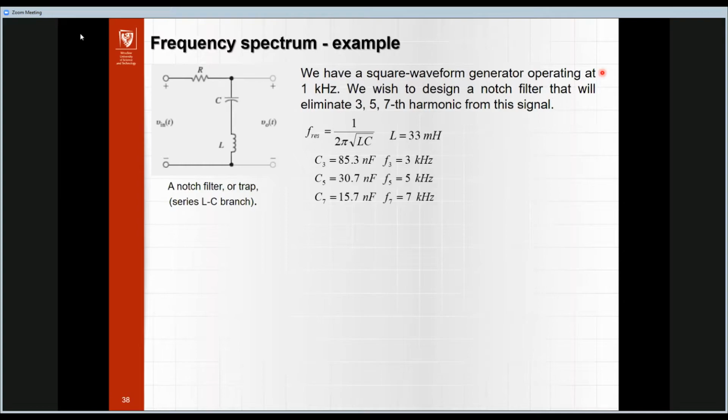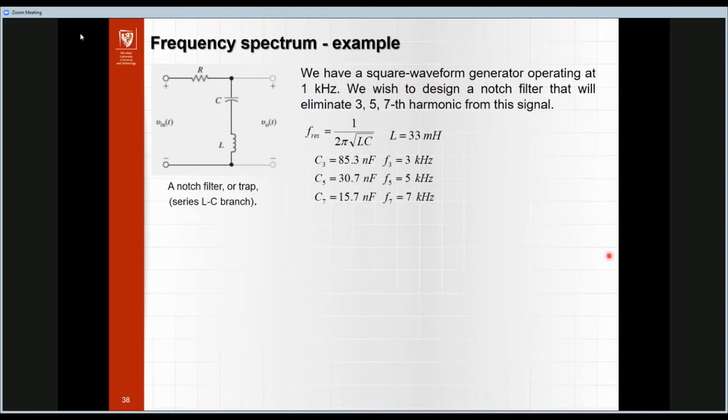The simplest filter is the notch filter. It is an LC resonant circuit, a series LC branch, because you know that at resonance the impedance is equal to 0 for such a circuit. Of course, we have here a resistor because we cannot short the source.